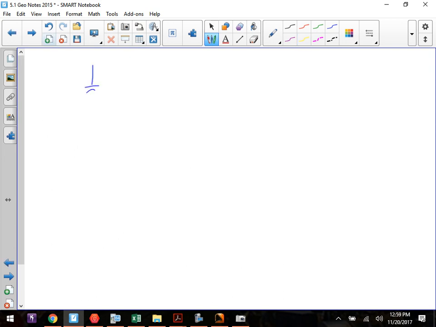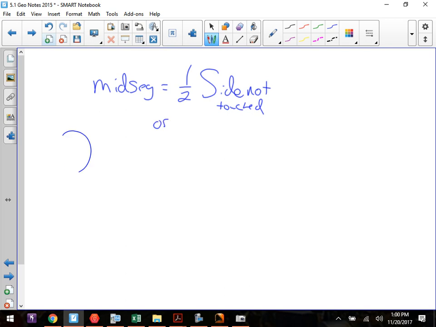The mid-segment equals half the side not touched, or I double the mid-segment to equal the side not touched.